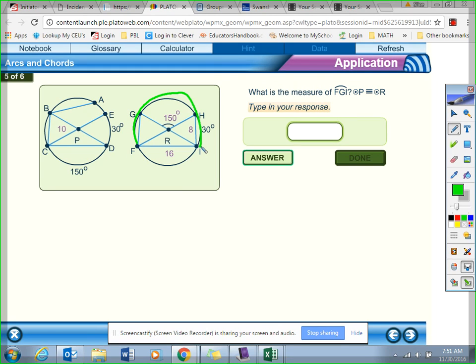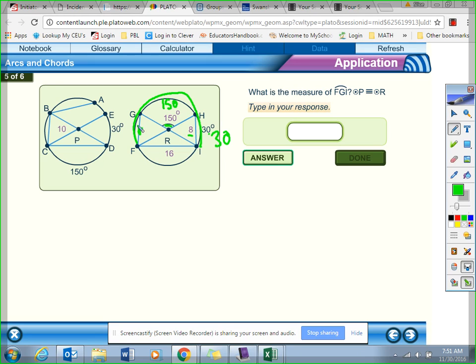Well, let's always look at what we know. We know that this arc measurement is 30 degrees. We know that if this is 150 right here, this arc is 150. And since that's 30, remember, these are congruent circles. So because of that, if this part is 8, this measurement on this other side is 8 also.